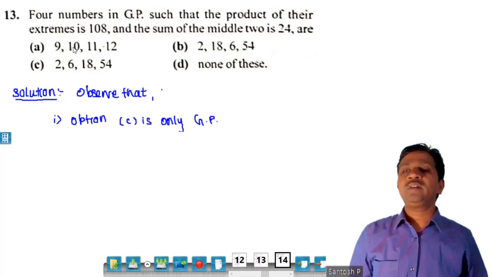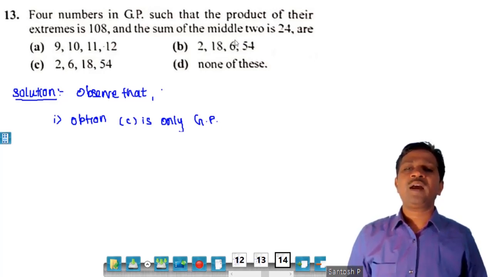But you observe that 10 upon 9 and 11 upon 10 are not the same, so this is not a GP. Again see here, 18 upon 2 is 9 and 6 upon 18 is 1 by 3. Again the ratio is not the same, and therefore this is also not a GP. But in this case, 6 upon 2 is 3, 18 upon 6 is 3, 54 upon 18 is 3, and therefore this is a GP.